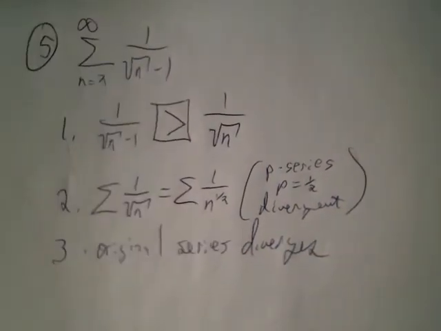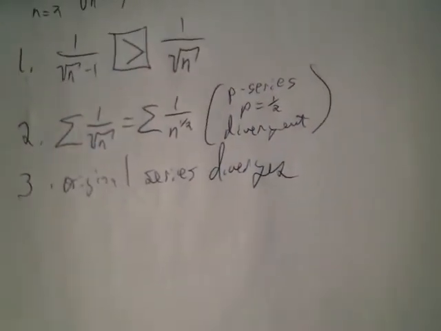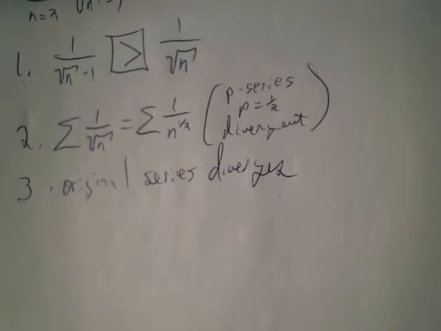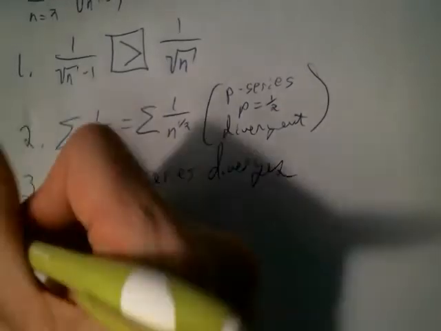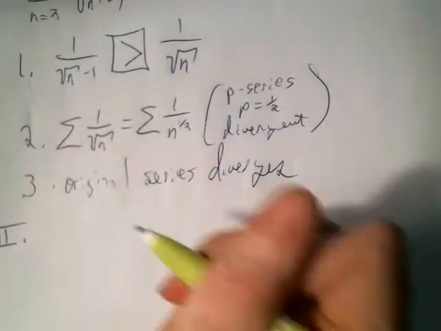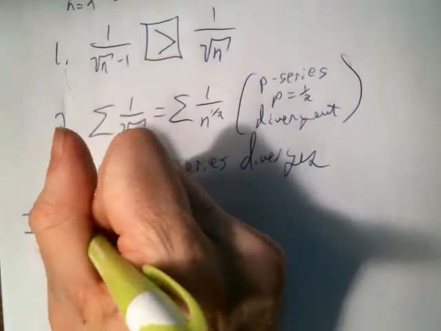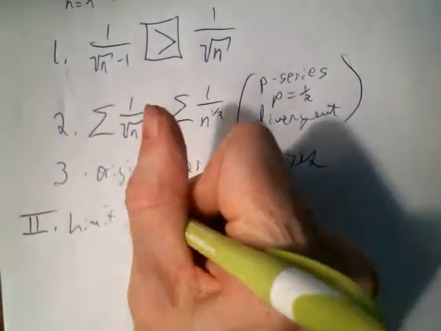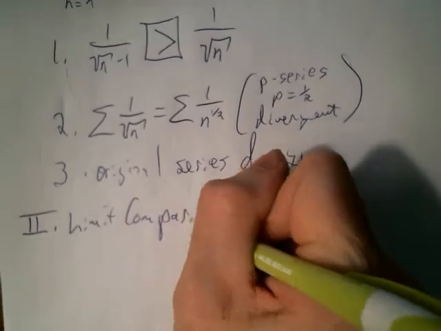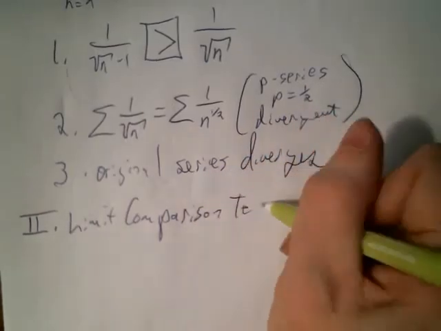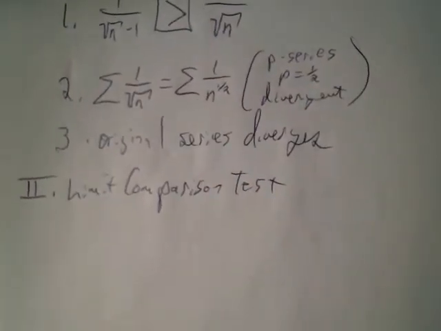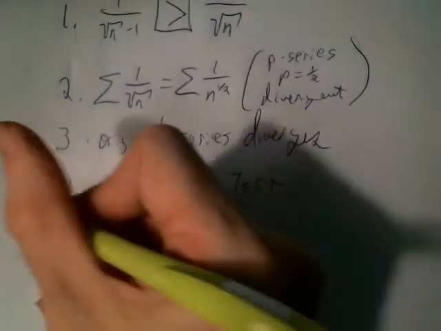Okay. All right then. The other test is a little bit easier on the stomach. It's the limit comparison test. So what does this say?